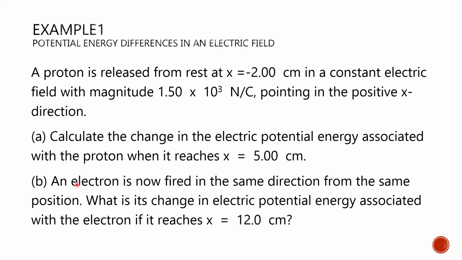And if instead of a proton, an electron is fired in the same direction from the same position, meaning from negative 2 centimeters, what is its change in electric potential energy if it reaches 12 centimeters?